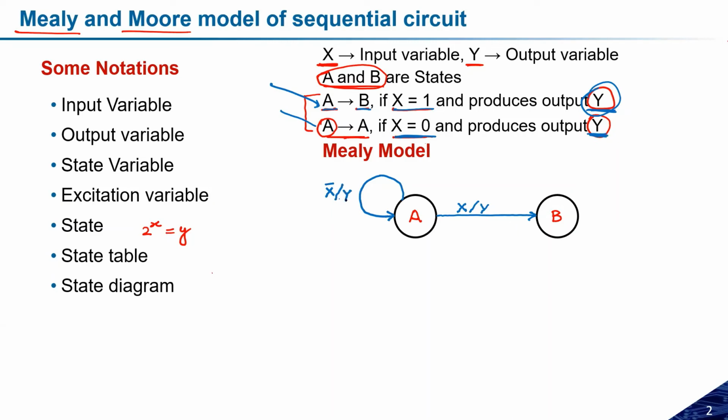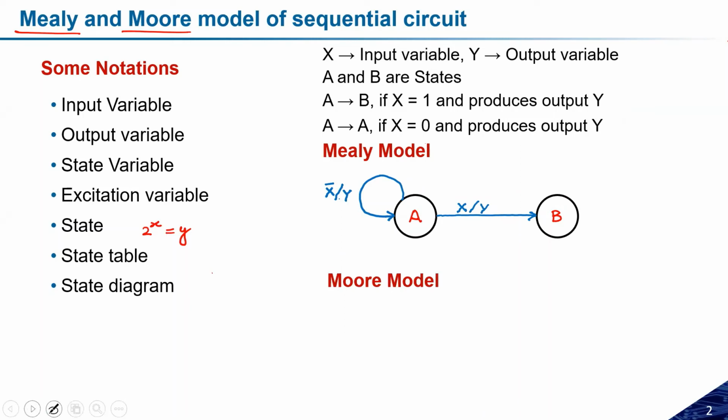So this is the representation of the Mealy model. Based on the given conditions, we can simply represent the Mealy model. If you have any doubt at this point, you can ask how I drew this Mealy model. Let me complete the Moore model as well, and then try to differentiate them.